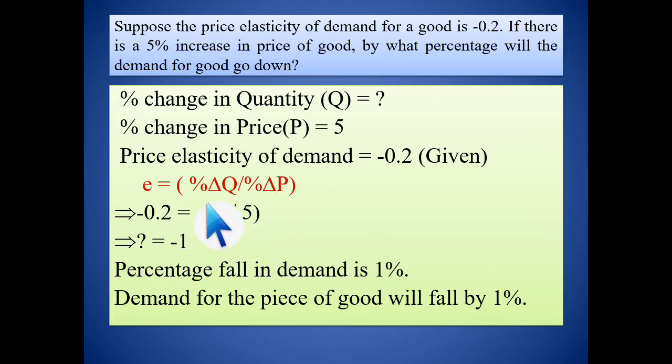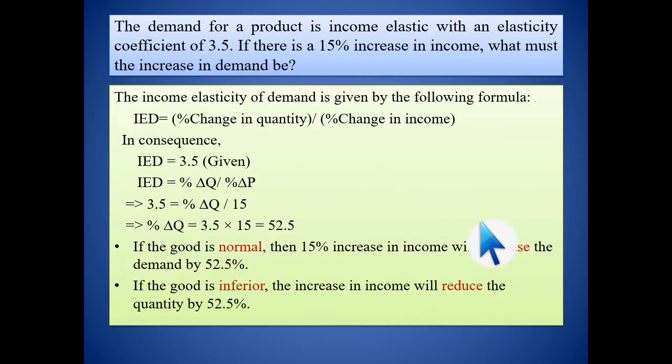So we can find out here that the percentage change in quantity is 1. That means percentage fall in demand is 1%. What does that mean? The demand for the good will fall by 1% if there is a 5% increase in the price of the good. Okay, getting the question?